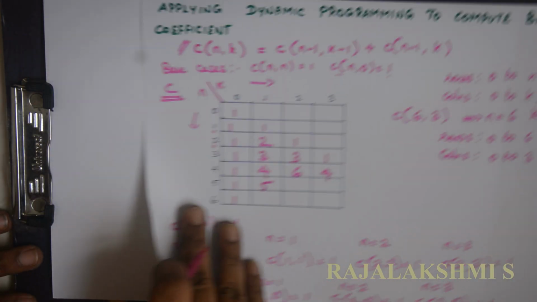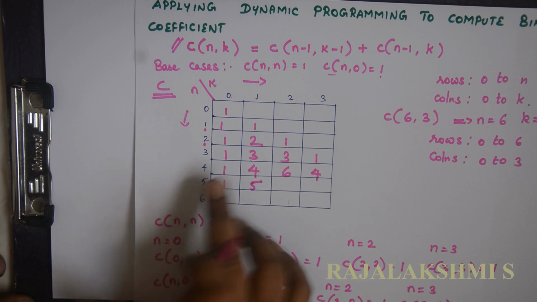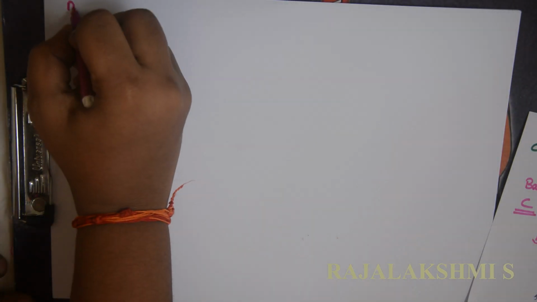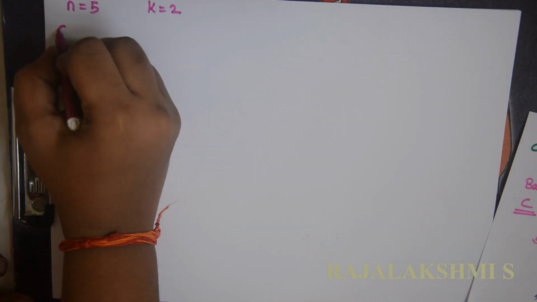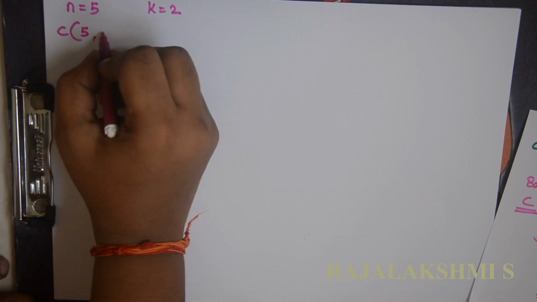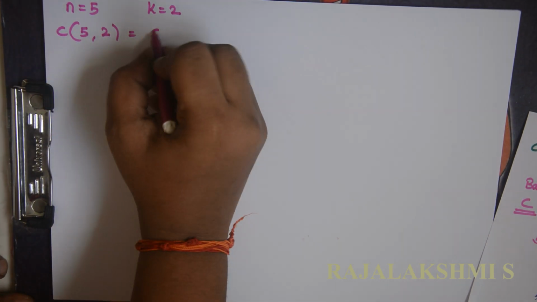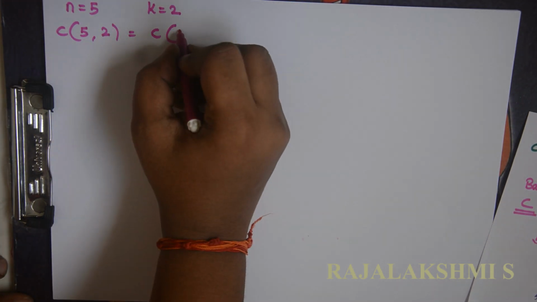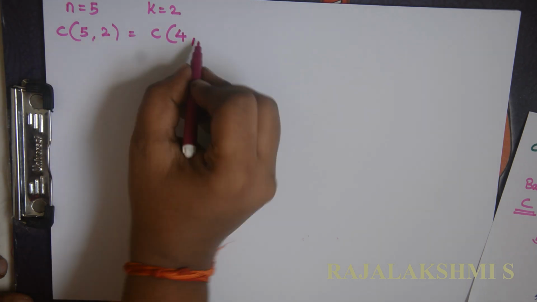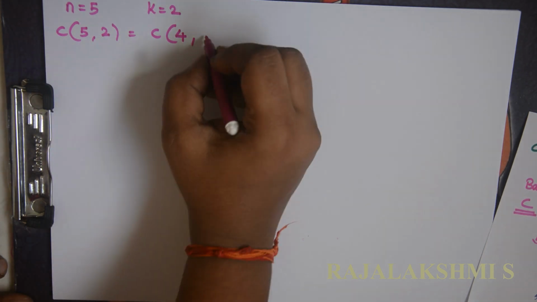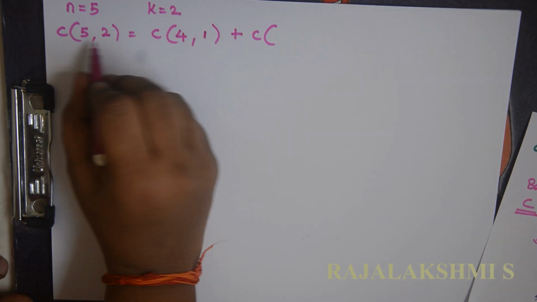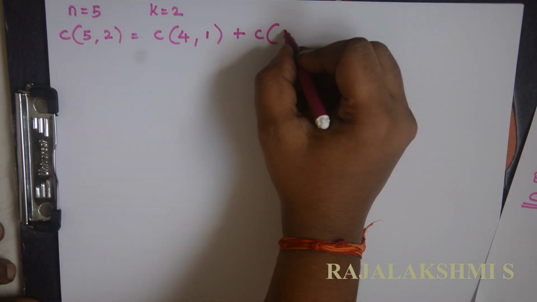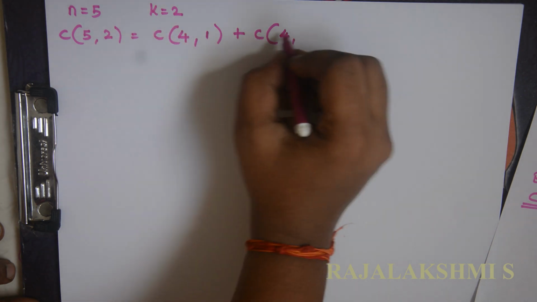So the next value we should find is n is equal to 5 and k is equal to 2. So C of 5 comma 2 is equal to C of n minus 1, that is 5 minus 1, which is 4, comma k minus 1, which is 2 minus 1, which is 1, plus C of n minus 1, that is 4, comma k, which is 2.